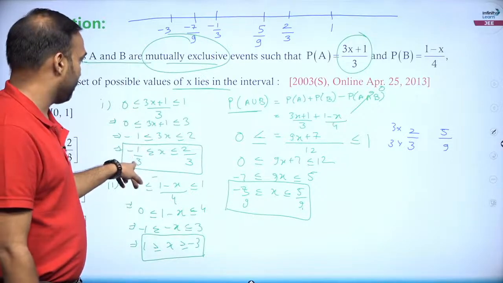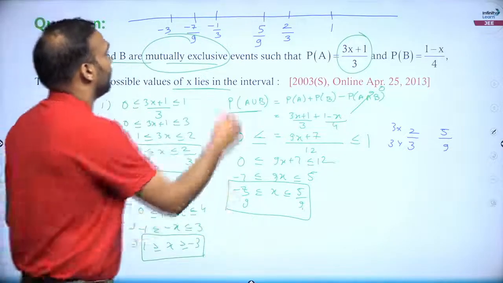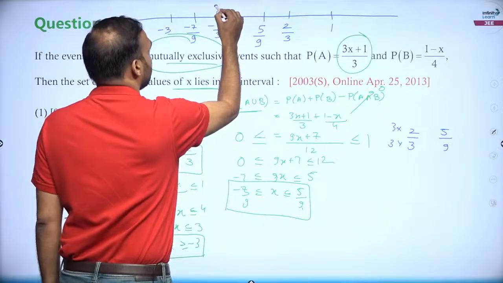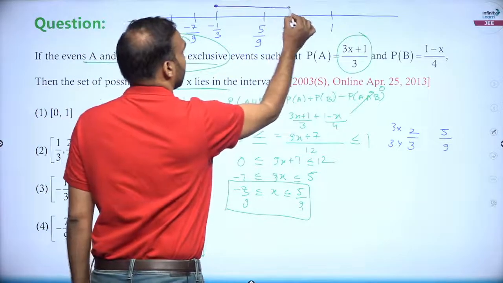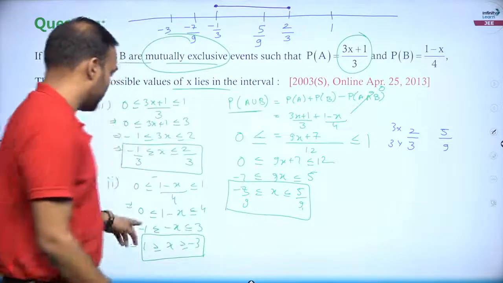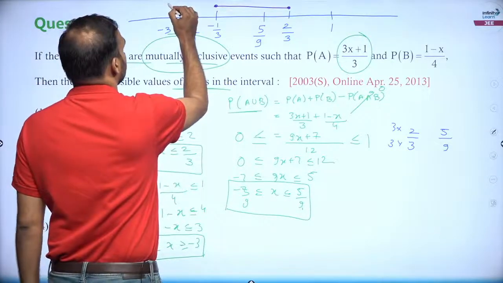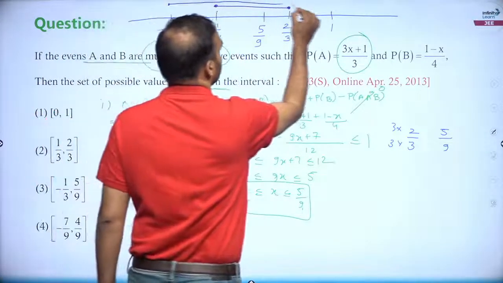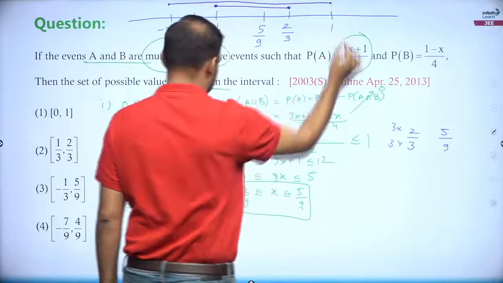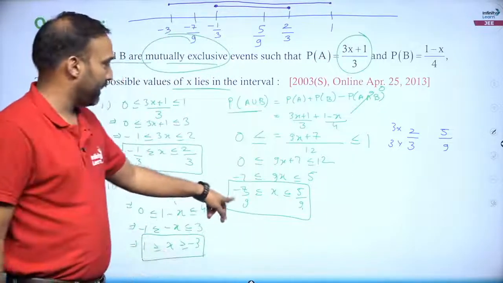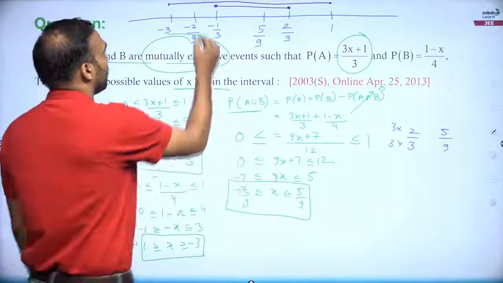Now you plot minus 1 by 3 to 2 by 3. Second is 1 to minus 3. Okay, so I am having the complete interval. Over here minus 7 by 9, 5 by 9.